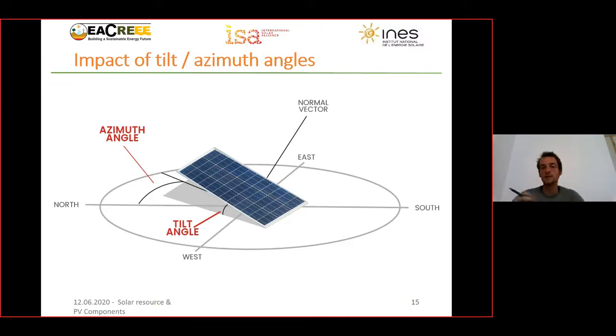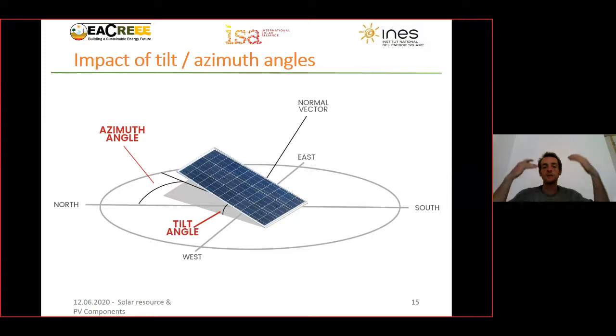And the two main geometric properties that we can change are the tilt angle of your system and, of course, the azimuth angle of your system. Maybe we can start with azimuth angles, which is, I think, the easiest angle to undertake.